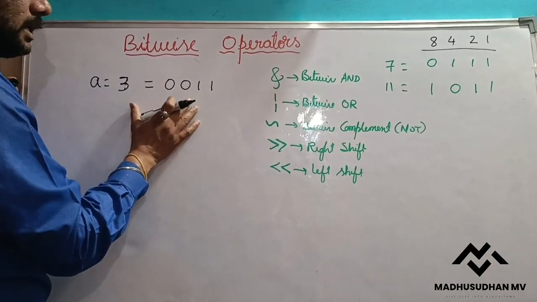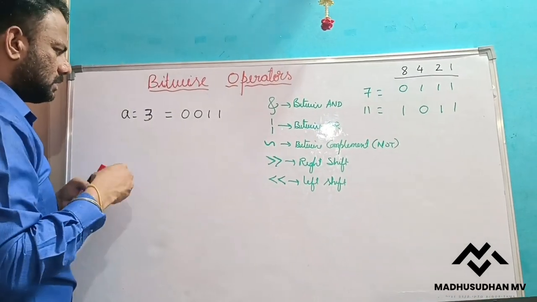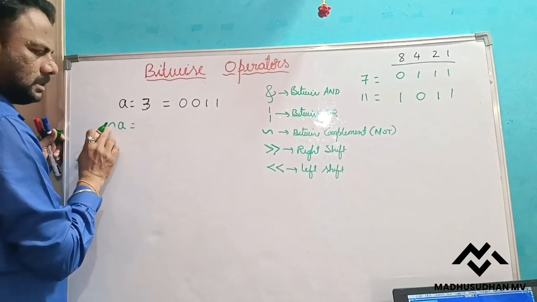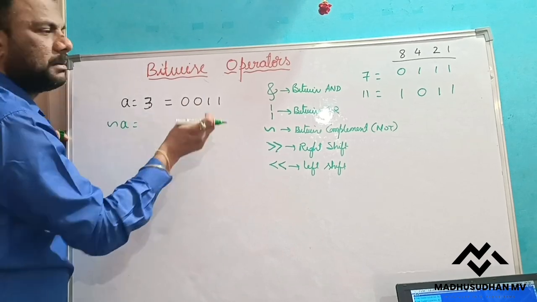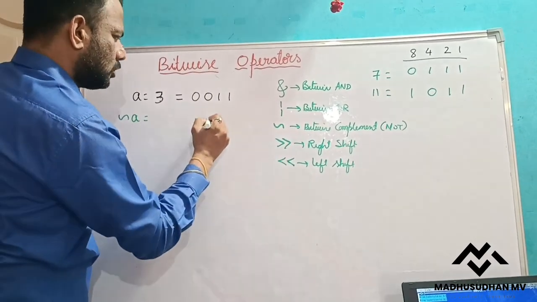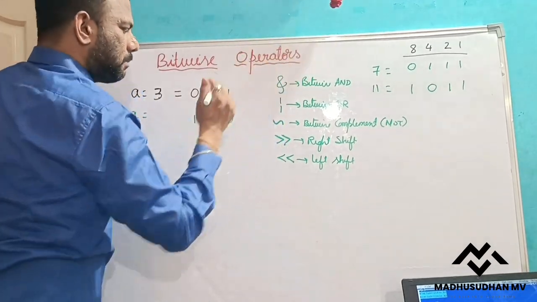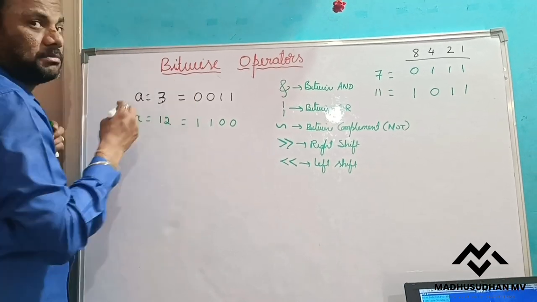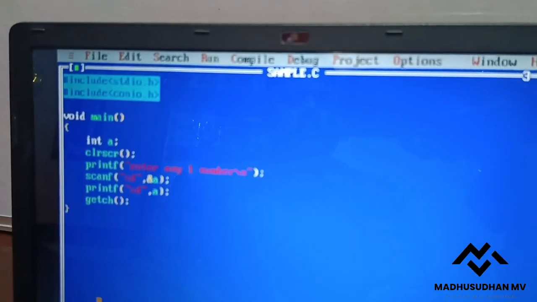Now if I apply bitwise NOT to A, the individual bits get complemented. In place of 1 it becomes 0, in place of 0 it becomes 1. So 0 becomes 1, 0 becomes 1, 1 becomes 0, 1 becomes 0. Now this is 8 plus 4, 12. Let us see whether I get 12 or something else, a negative number.